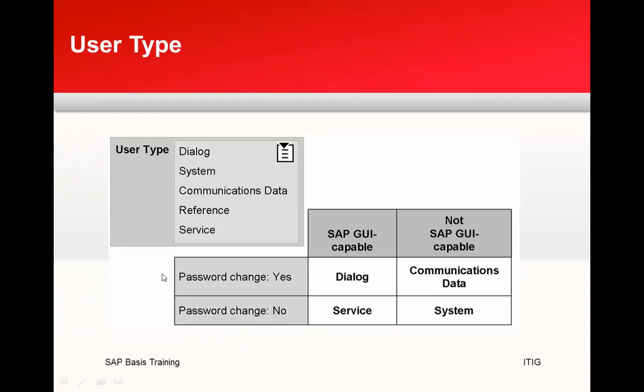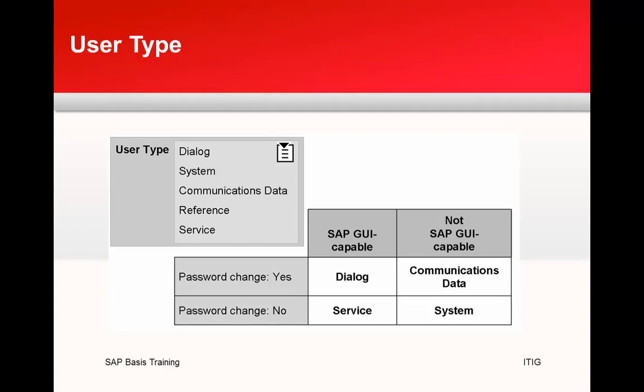The next thing is about the types of users. It's pretty important from a Basis perspective to know the different types of users, like a dialog user. The dialog user is the most common and key user, which is used by one and everyone who logs into the SAP system.